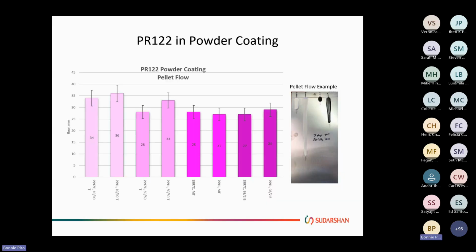From a performance perspective, unlike some of the things that we saw earlier with the Violet 19s and the polymorphism effect, here we don't see impact with respect to the finishing choices used in this particular chemistry for the products.